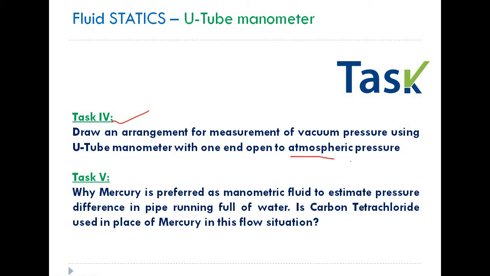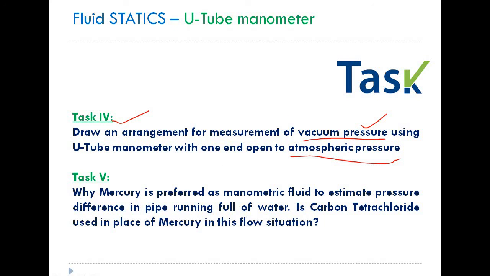One end is open to atmospheric pressure and one end is connected to a pipe. The pressure is less than atmospheric, vacuum pressure, that you can draw. It's very simple. You draw a pipe with fluid A and connect one limb of the manometer to this pipe, and the other limb is open to atmosphere.